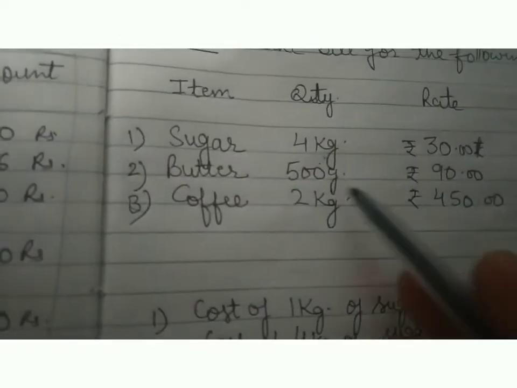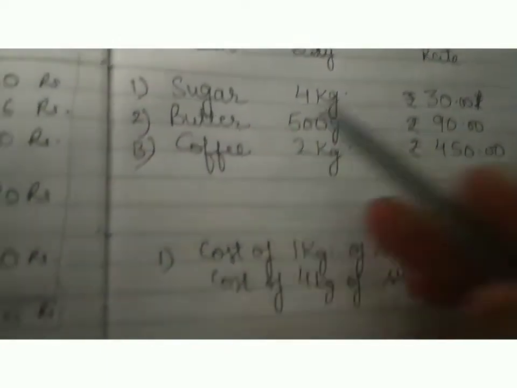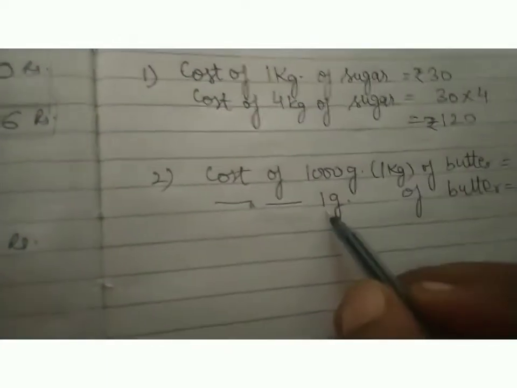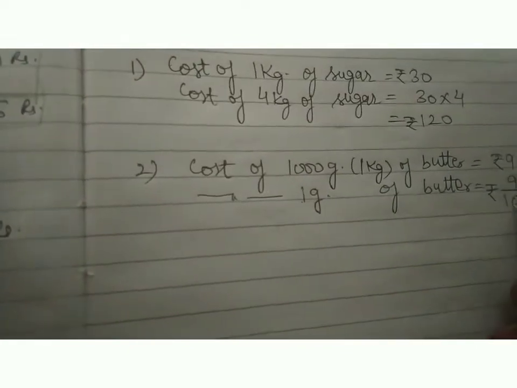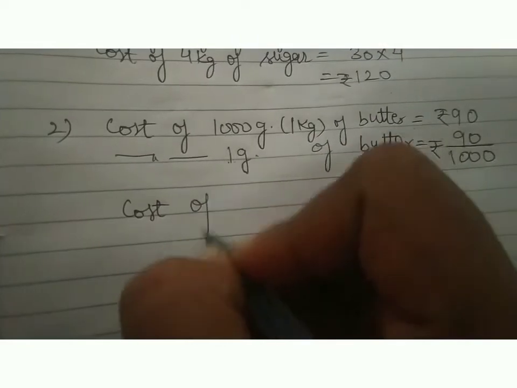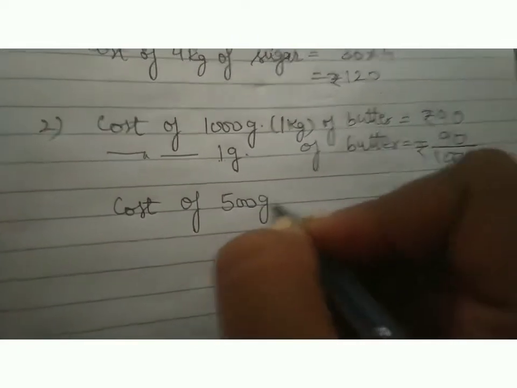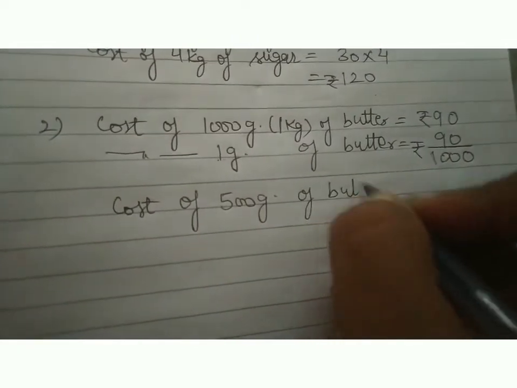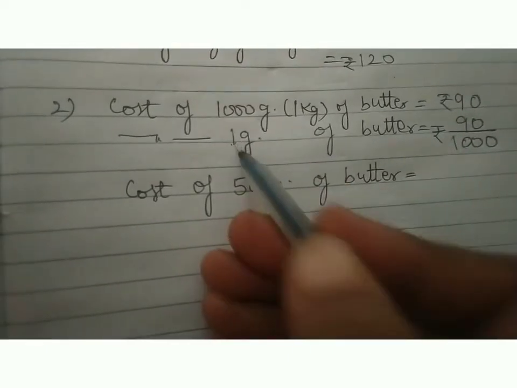Now here I have to find out the cost of 500 grams of butter. Here I have found the cost of 1 gram of butter. Now I have to find the cost of 500 grams of butter. So here I am going from 1 to many.